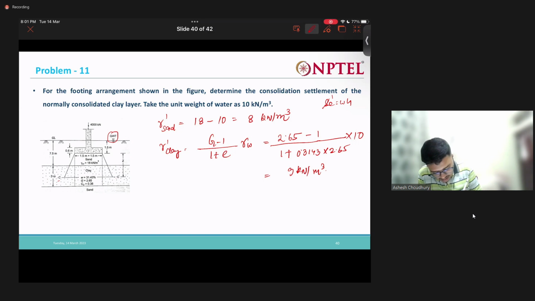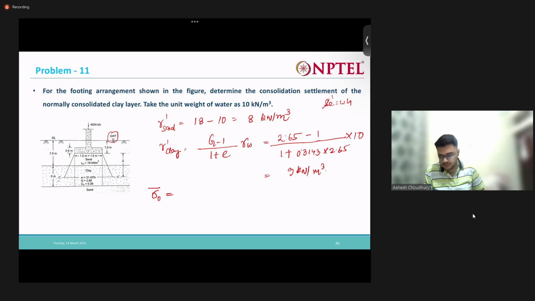Please tell me. 7.5 into 8, right? 8 plus 1.5 into 9. So we'll get 73.5 kilonewton per meter square at the center.